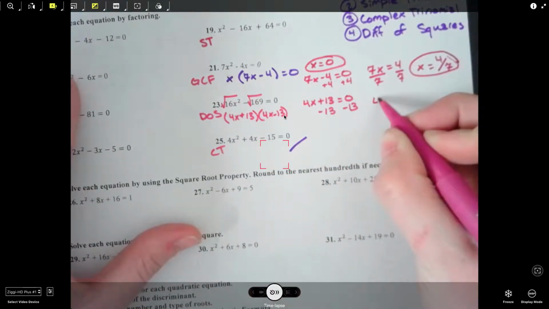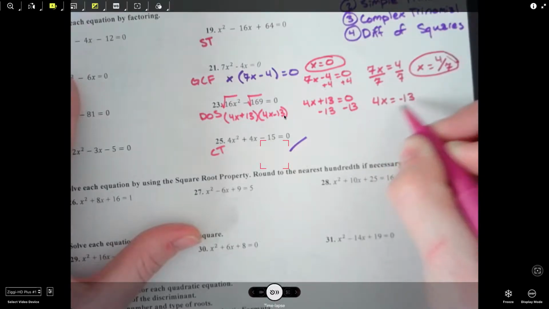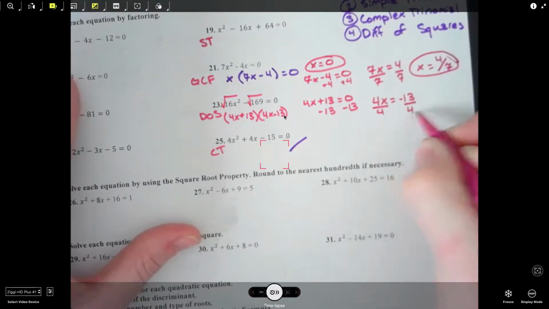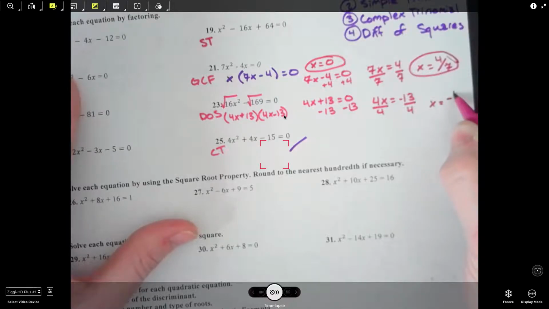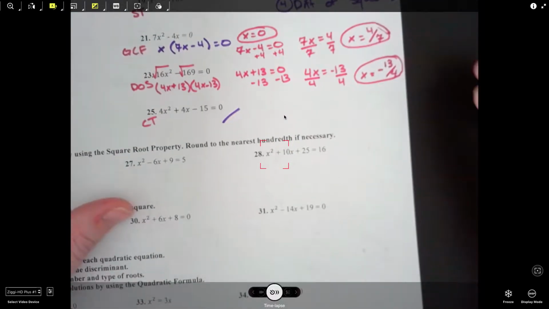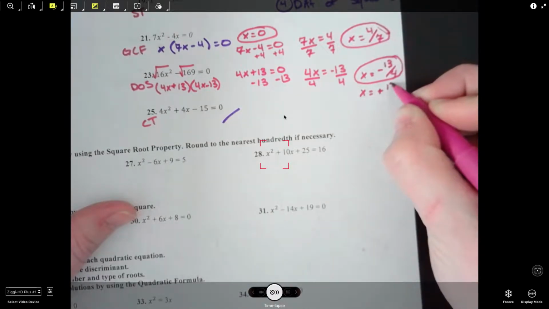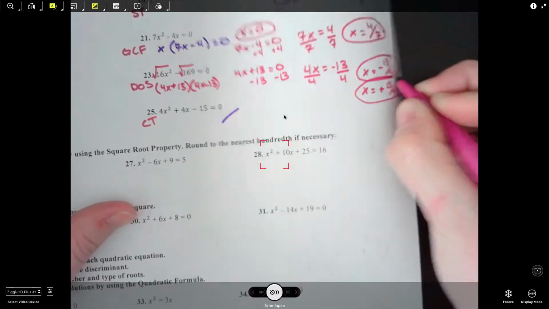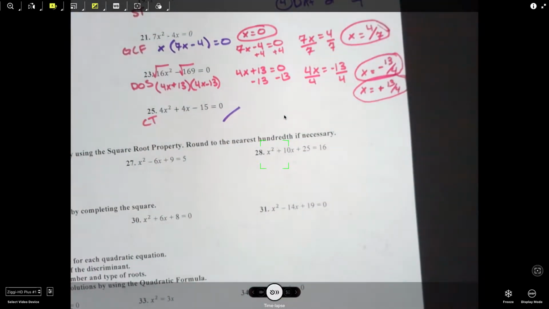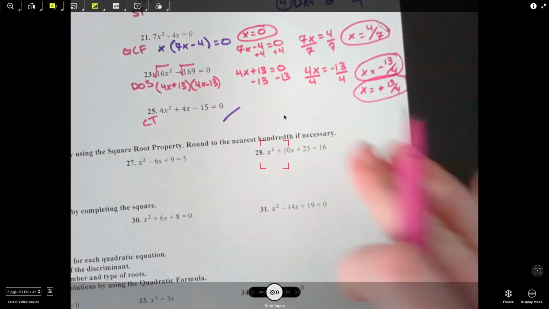Minus 13. 4x equals negative 13, divide by 4. So x is negative 13 over 4. Now what's the other answer going to be? X equals positive 13 over 4. If I did the other one and set that equal to 0, it would be the same thing, positive 13 over 4. Good?